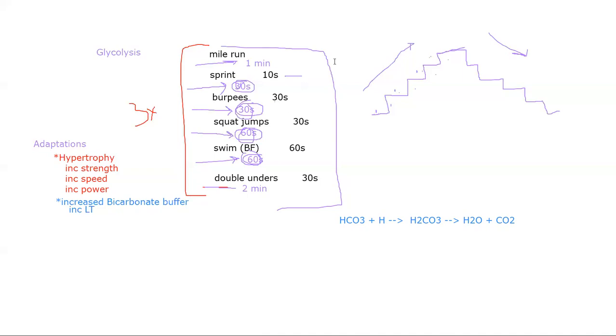Okay, another adaptation to this type of training is increased glycolytic enzymes. Name some glycolytic enzymes. PFK. PFK would be the main one. What else could we include here? On the way in and on the way out.